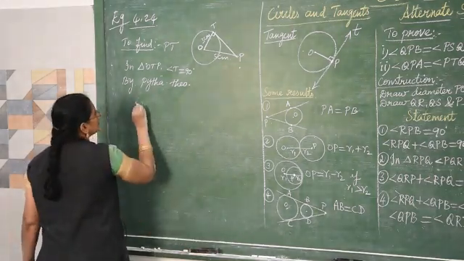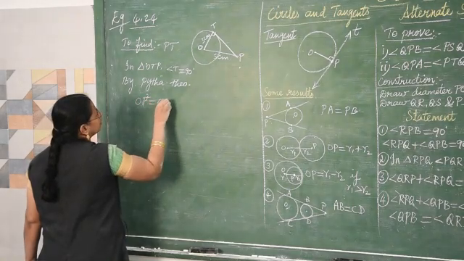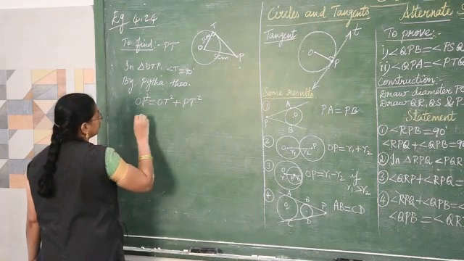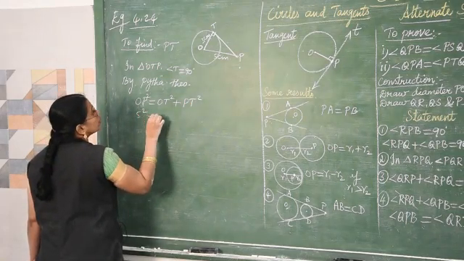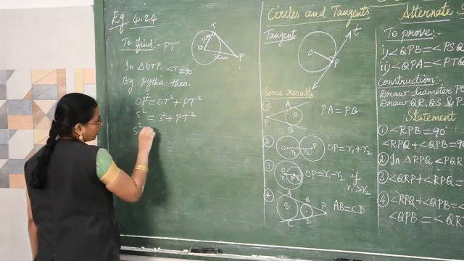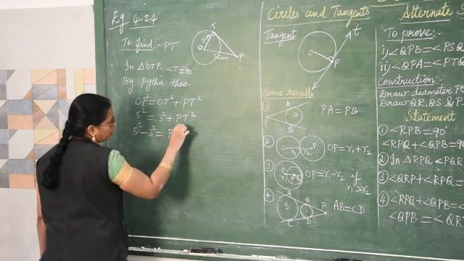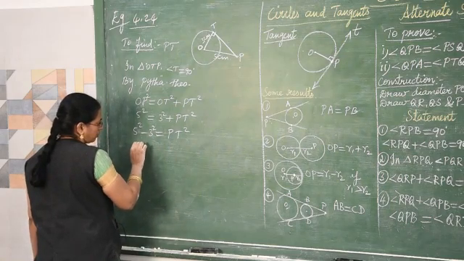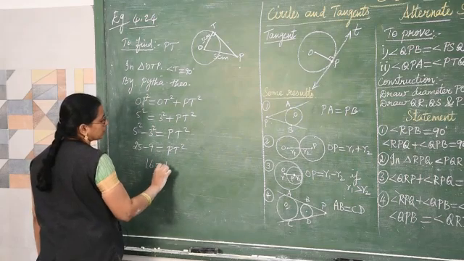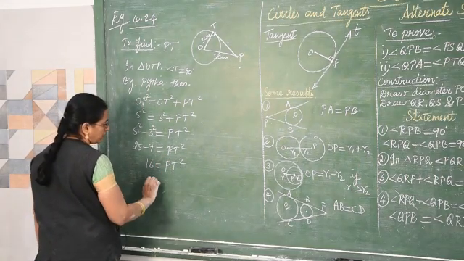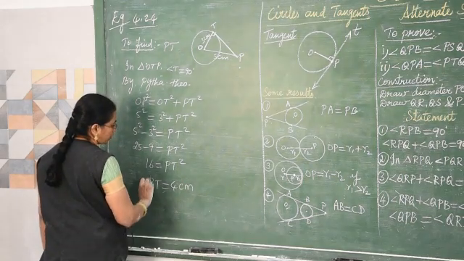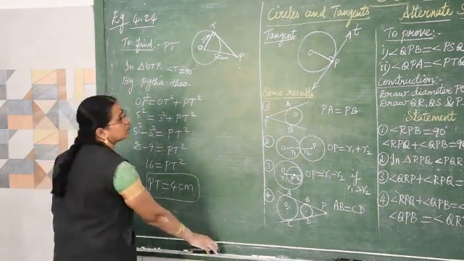So OP square equals OT square plus PT square. 5 square equals 3 square plus PT square. 5 square minus 3 square equals PT square. 25 minus 9 equals PT square. 16 equals PT square. PT equals 4 centimeter. Therefore, the length of the tangent is 4 centimeter.